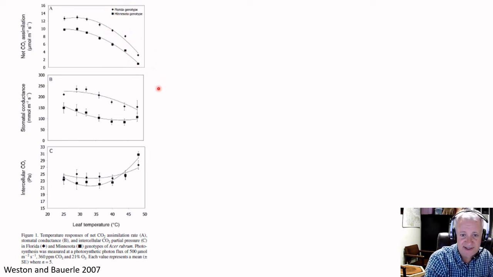So this shows us that there's definitely adaptation to different temperature regimes in red maple. And you would see similar things happening in other species of trees, especially species with really large latitudinal gradients. So definitely adaptation to temperature exists.